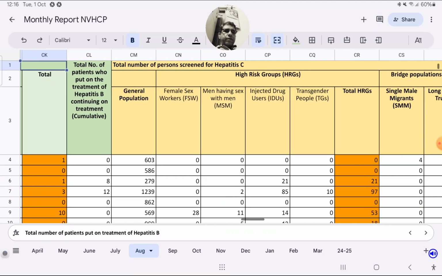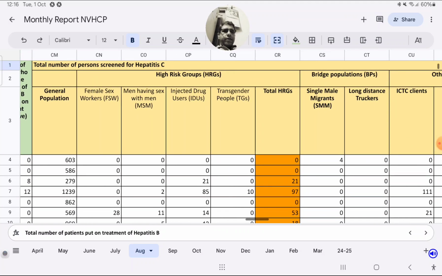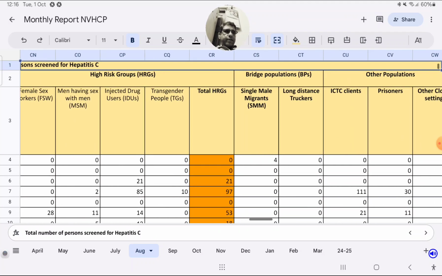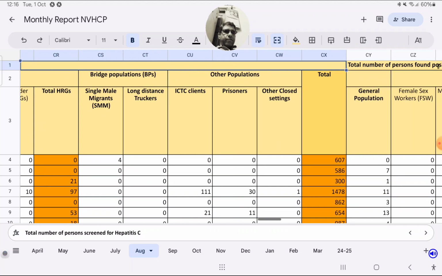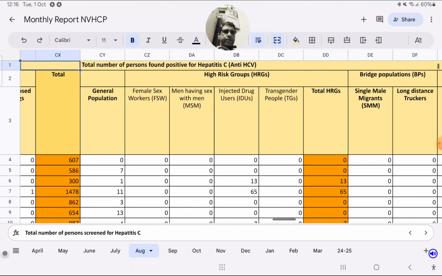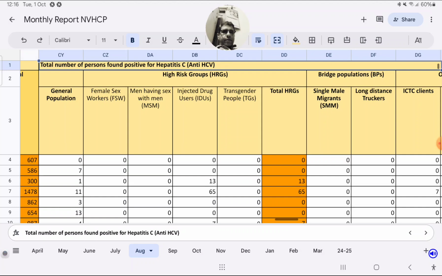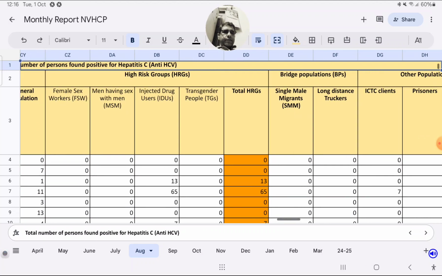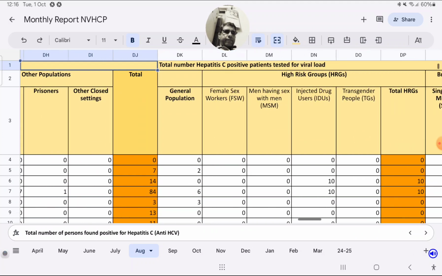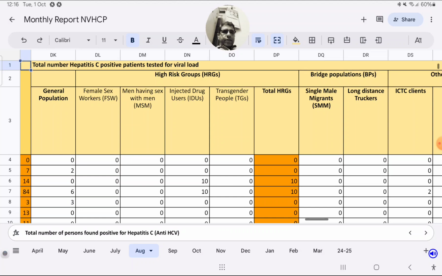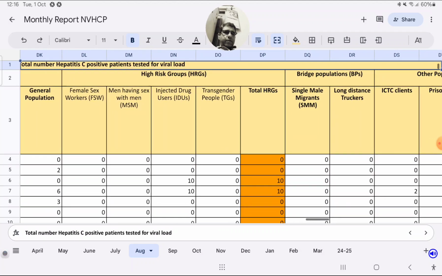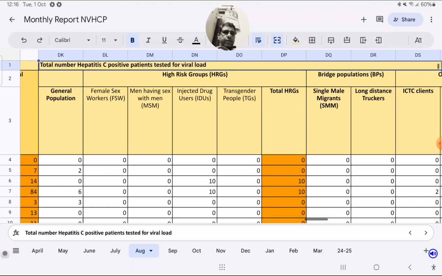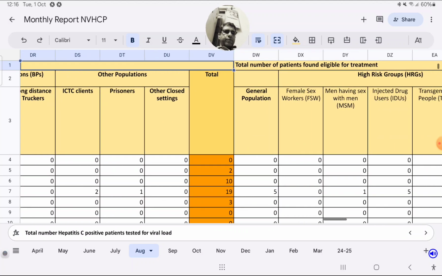So also for hepatitis C, total number of persons screened for hepatitis C, similar division among different categories of the people who are screened. Total number of persons found positive for hepatitis C, again different categorization. Total number of patients found positive for hepatitis C tested for viral load, categorization of this group.